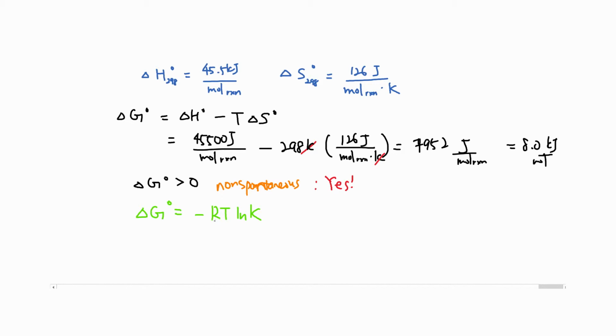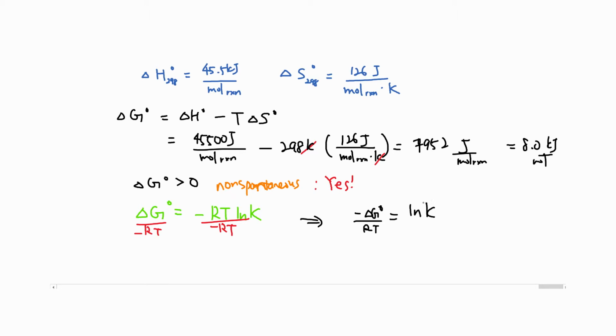We know the R is 0.08206, and T is 298, and we just found the delta G. To find the K, let's first divide by negative RT, so the negative RT cancels out. You get ln K equals negative delta G naught over RT.